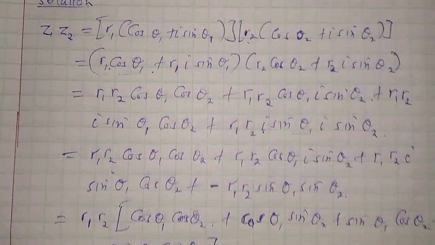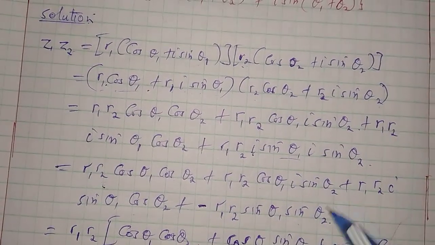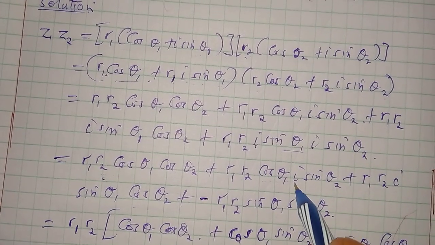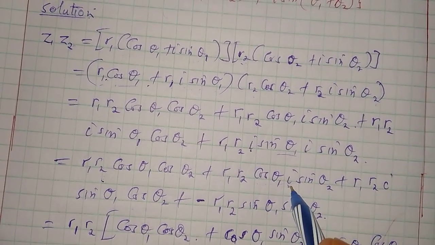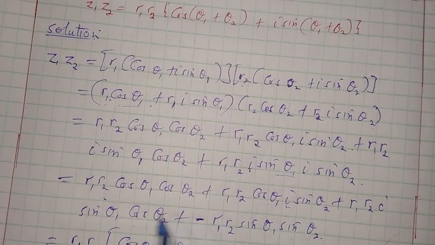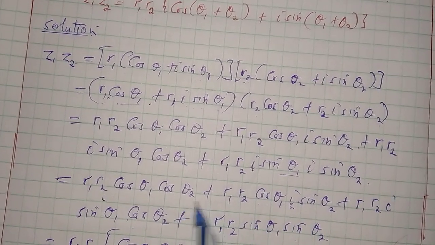There's something I have omitted. You have an i here. You have an i here. You also have an i here. I have omitted this now.